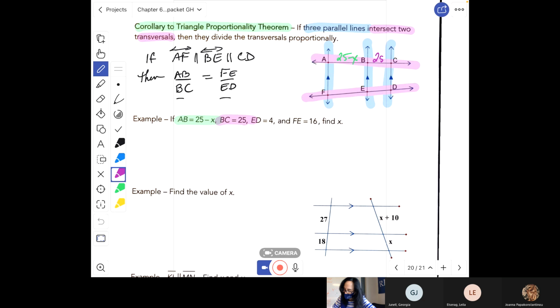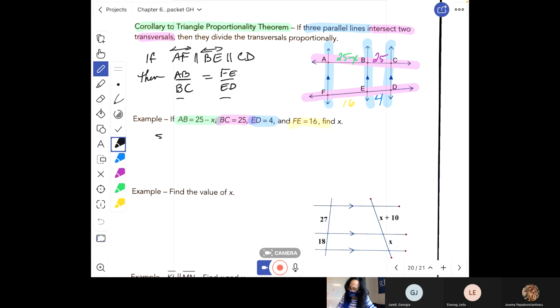I also have that FE, no, I do have that too, but I have ED equals 4. And I have FE equals 16. Find x.